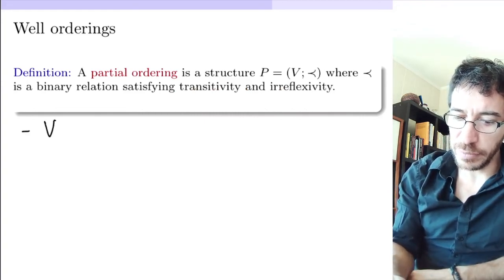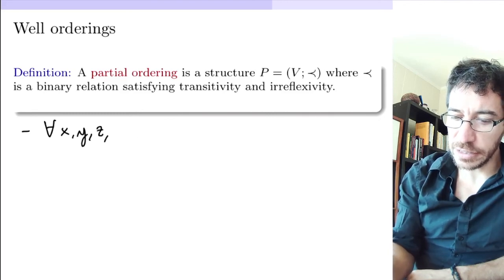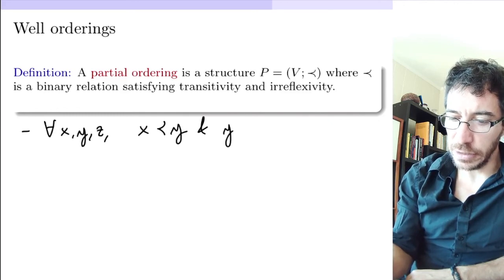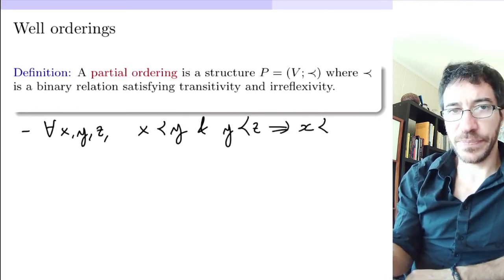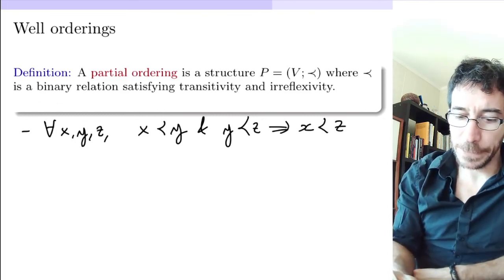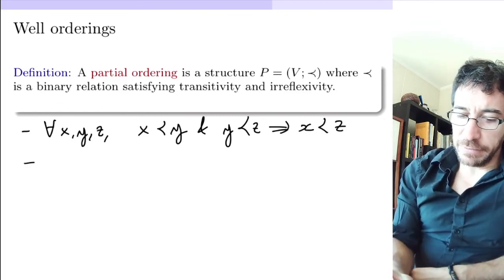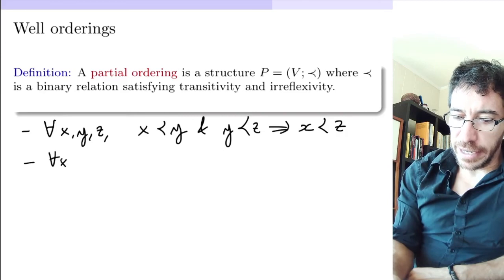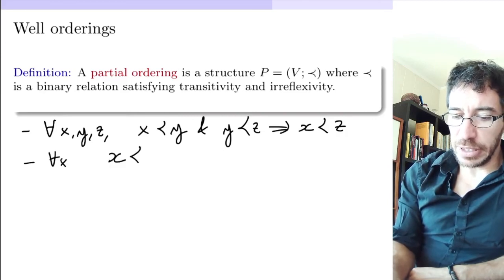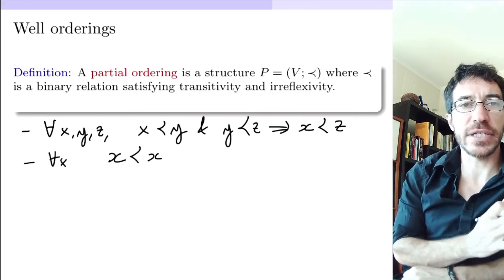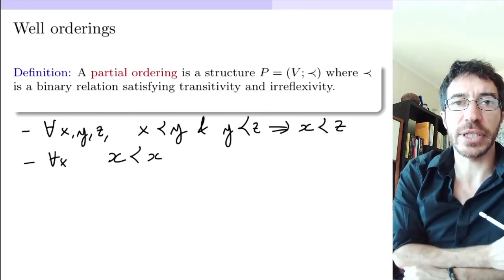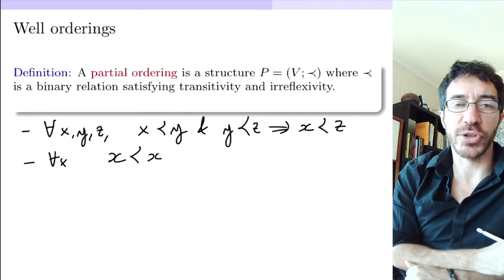Transitive means that if you have x, y, and z, and you have that x less than y and y less than z, then x less than z, right? So that's transitive. Irreflexive means that for every x, x is not strictly below x. So something that satisfies those two properties is called a partial ordering.